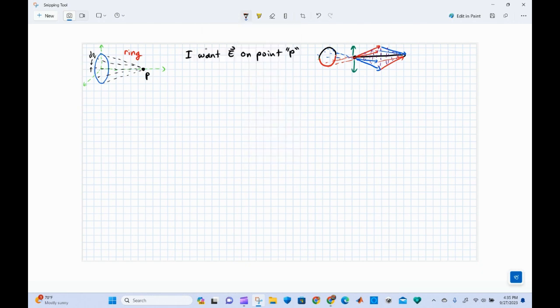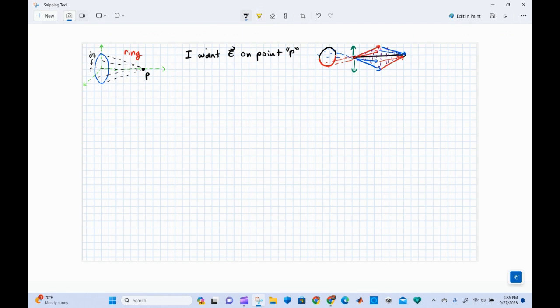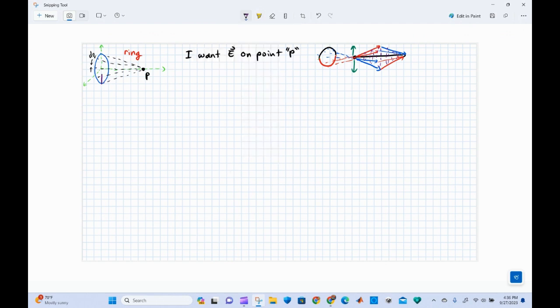So if that's the case, what did I do here? I believe I did an angle over here. So this angle is this angle. This angle would be sine, as sine equals x.